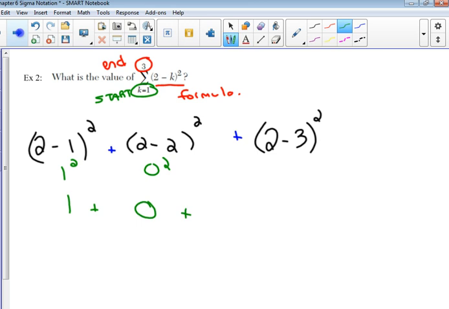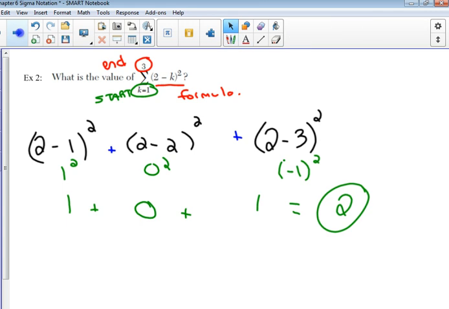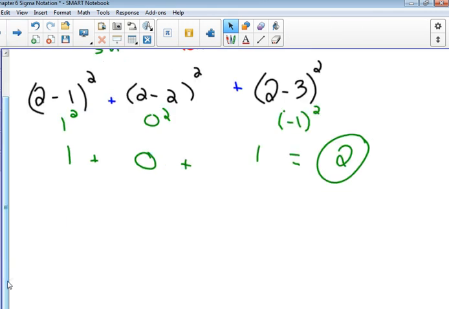Watch out for this next one. 2 minus 3, what's that going to give you guys? Now when you square a negative, positive, good job. So our final answer, if we add all these together, what would it be? 2. That's it.